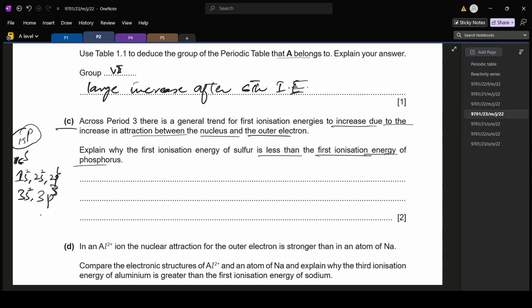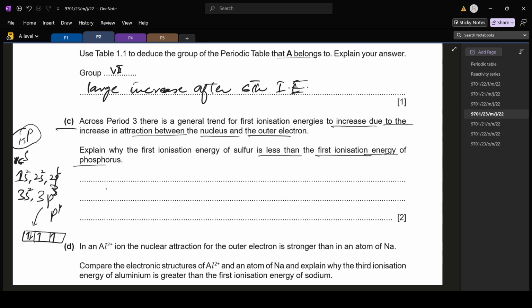In the 3p, there are unpaired electrons in phosphorus, and in sulfur it has 3p4. So in 3p4 there is spin pair repulsion, which outweighs the increased nuclear charge. So that's why phosphorus has greater ionization energy.